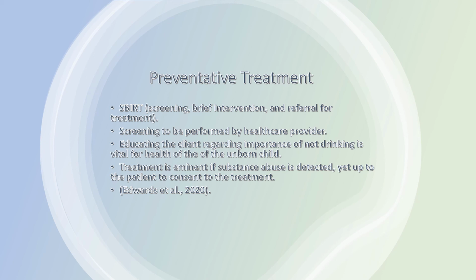Also, it is a reference to help direct what type of treatment we would want to send the patient to. Educating the client regarding the importance of not drinking is vital for the health of the unborn child. Treatment is initiated if substance abuse is detected, yet it is up to the patient to consent for treatment.